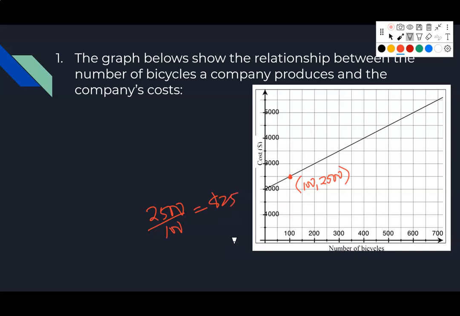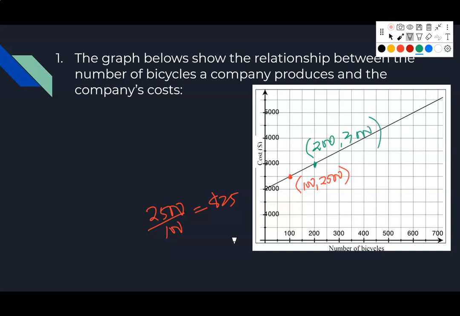Is that always the case? Actually, let's try. How about this point here? This is the number of bicycles, 200, and the cost, 3,000.